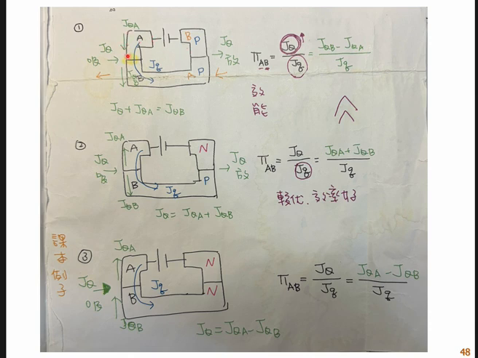And you focus on these junctions. So probably you have one heat flow inside, and there will probably be some heat flow. This side will probably absorb some heat. So you get JQ plus JQA equals JQB.